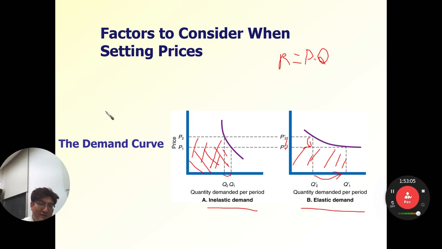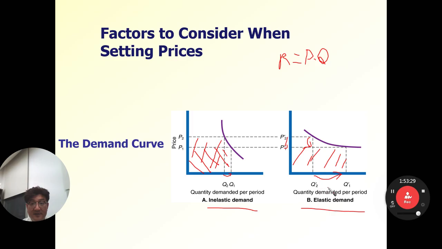Okay, here is a question. I know that you've already studied this in, say, high school or introduction to economics in your freshman days. My question is, as your marketer, what kind of demand do you want to get? What kind of demand curve do you want to get? This one?